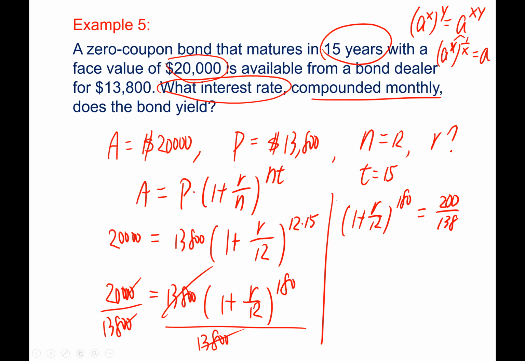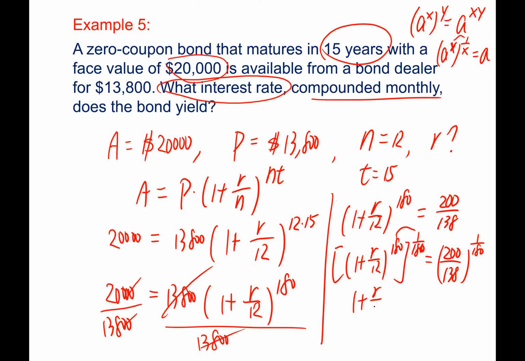So here we're going to raise both sides of the equation, (1 plus R over 12) to the 180 power, raised to 1 over 180. So on the right is 200 over 138 raised to 1 over 180. Then the powers are reciprocal, they cancel each other, so we get 1 plus R over 12 equal to 200 over 138 raised to the 1 over 180 power.